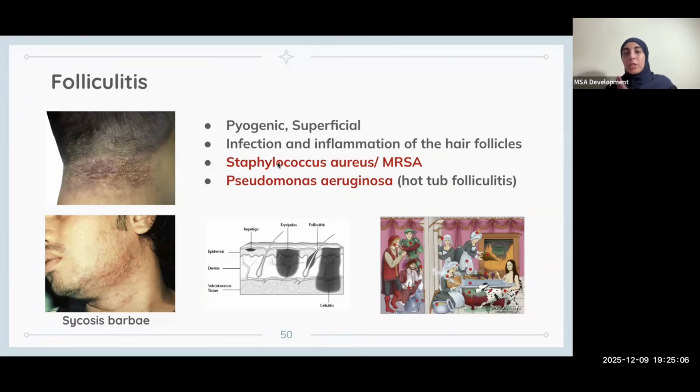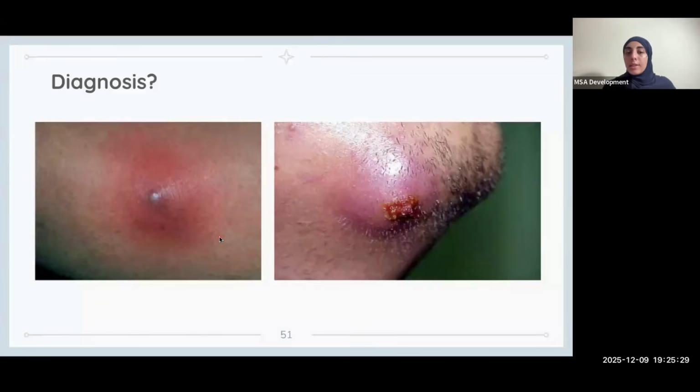But if the patient comes with folliculitis and tells you that they were using a lot of hot tubs or swimming pools, then you need to suspect Pseudomonas in your differential, okay? So folliculitis equals Staph aureus, MRSA. If the patient has a history of hot tubs or swimming pools, you want to consider Pseudomonas for hot tub folliculitis. Next one.